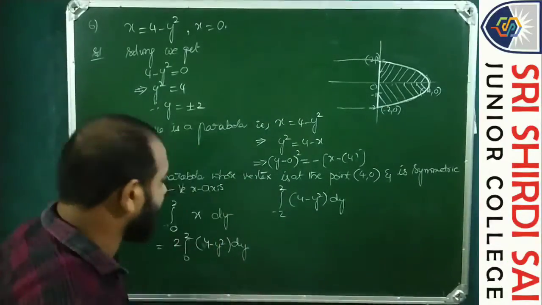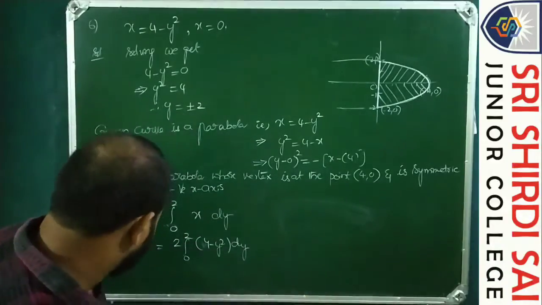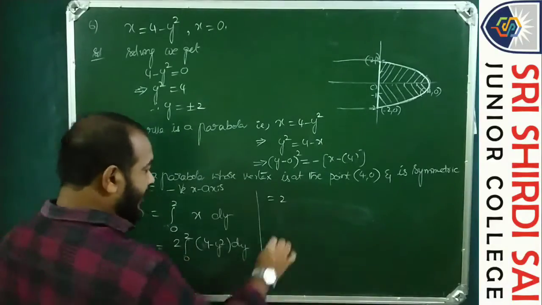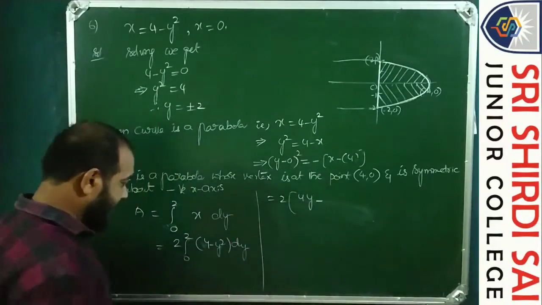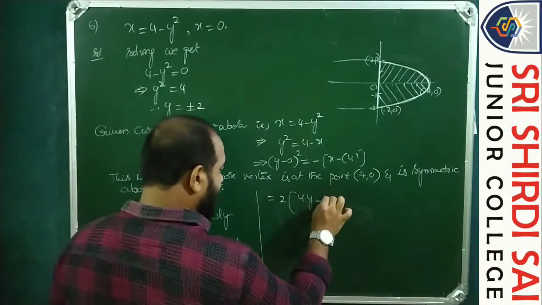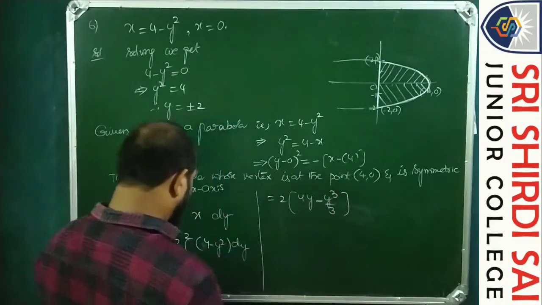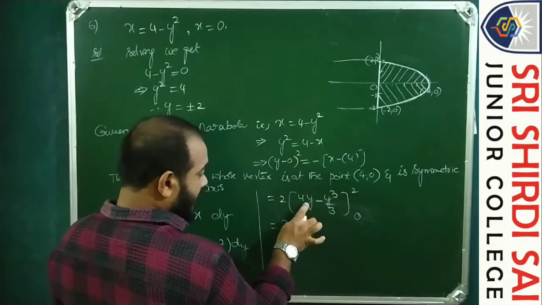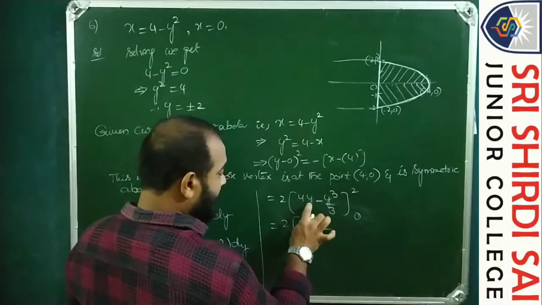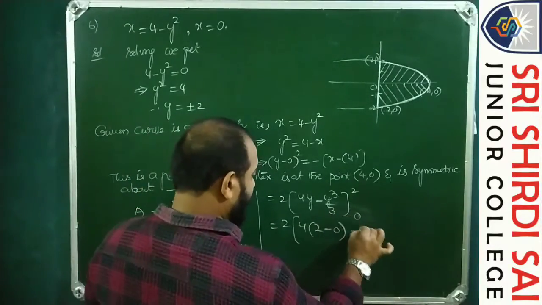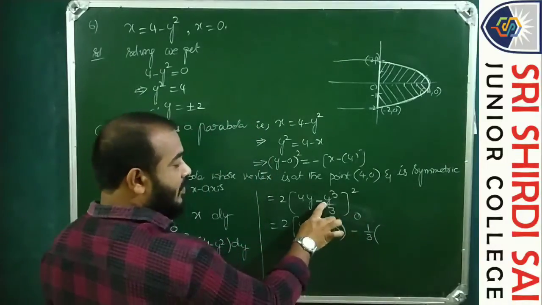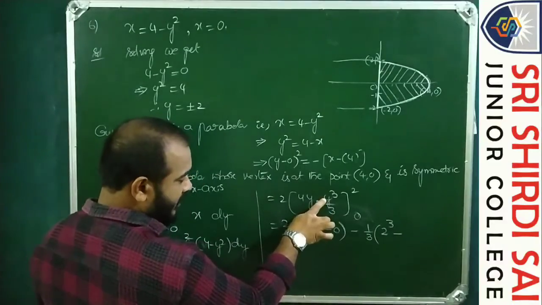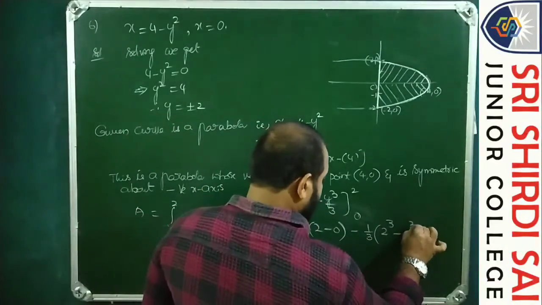So I am just rubbing this. Now let us try to do this. This equals 2 times the integral of 4 dy is 4y minus integral y square dy is y cube by 3, from 0 to 2. So 2 into 4, in the place of y upper limit 2, minus in the place of y lower limit 0, minus 1 by 3, upper limit 2 its cube, minus lower limit 0 cube.